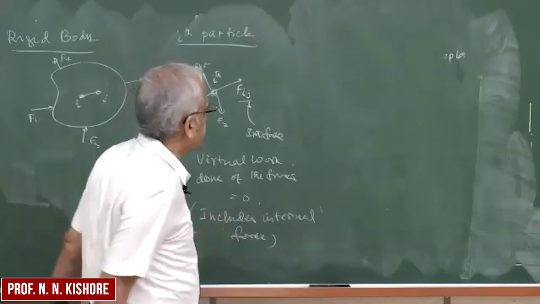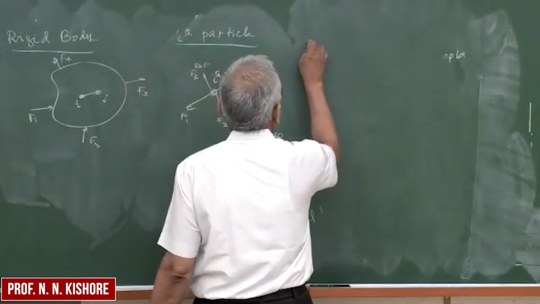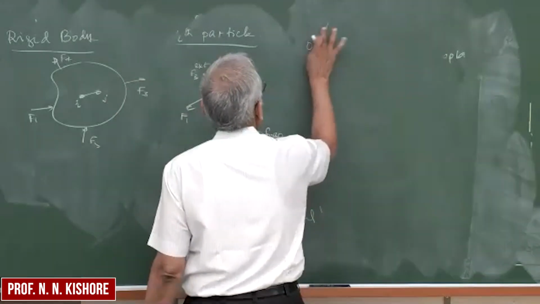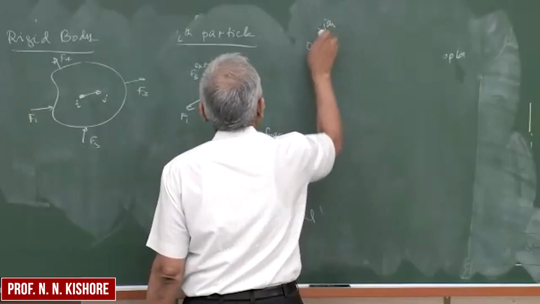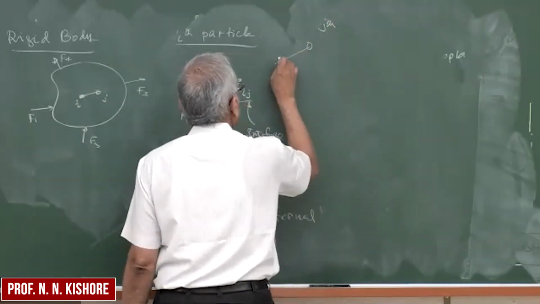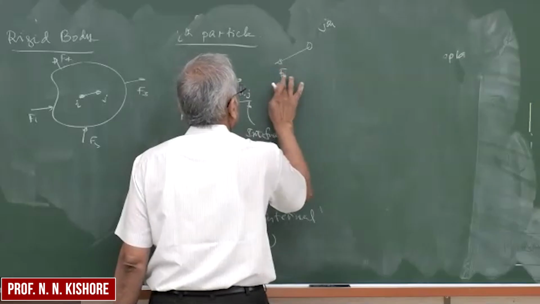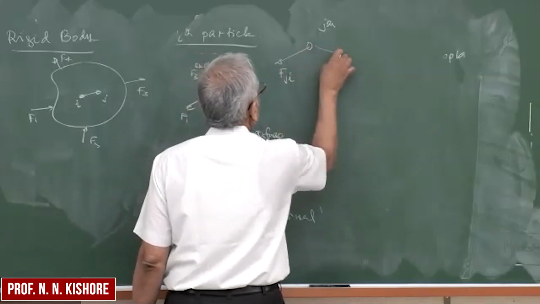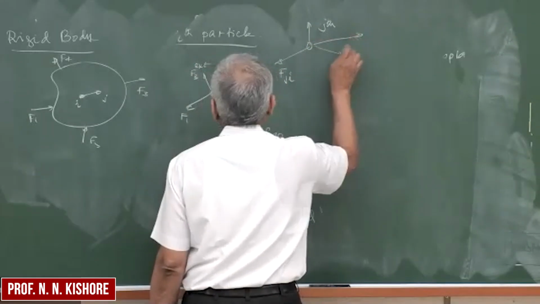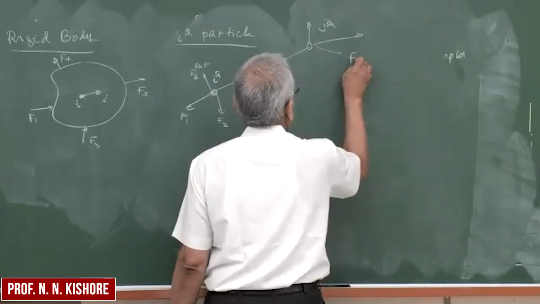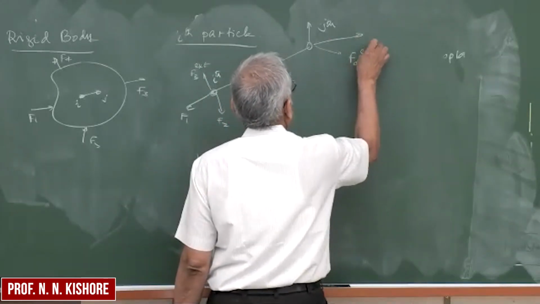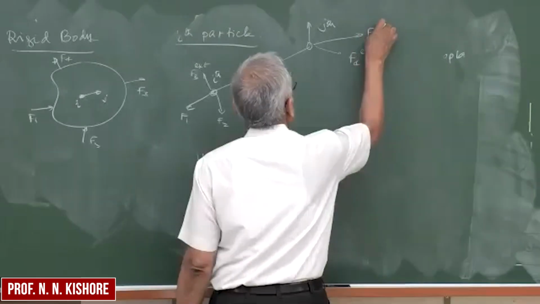How do we circumvent that? For that, if you also look at the jth particle here, the jth particle has this internal force Fji together with some other forces here, F4 and F5, external forces.